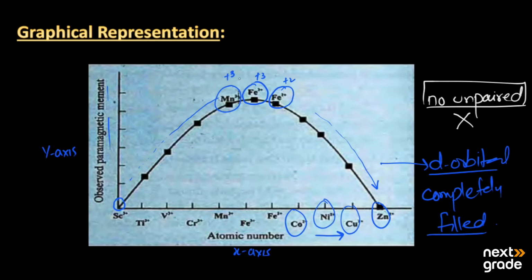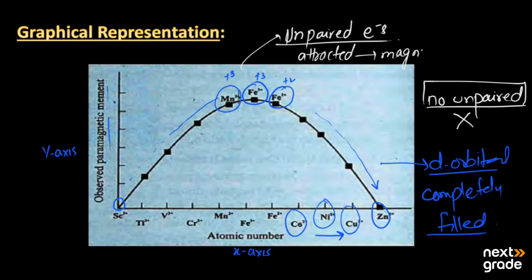But on the other hand, these other substances have unpaired electrons in their d subshells, so they show paramagnetic behavior: they are attracted towards the magnet, or they show the magnetic moment. So this is a simple overview about this topic.